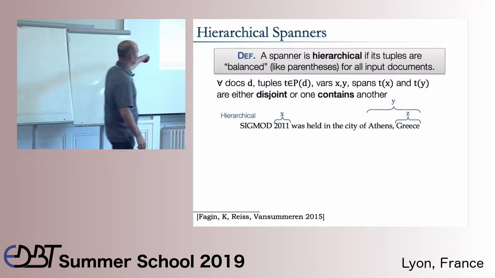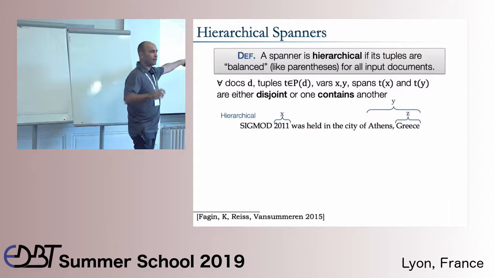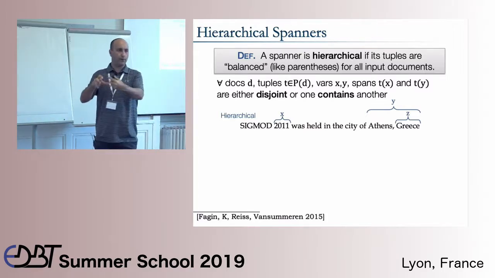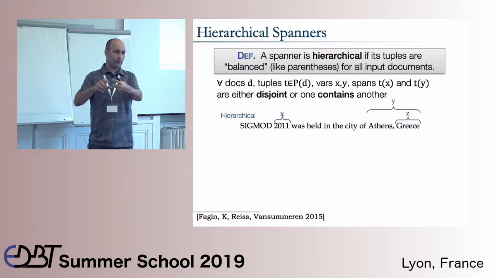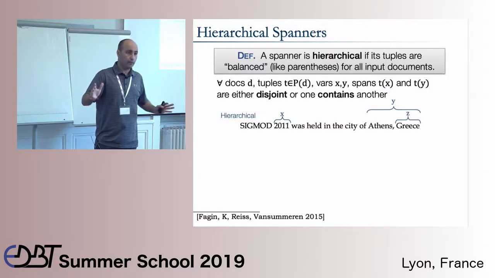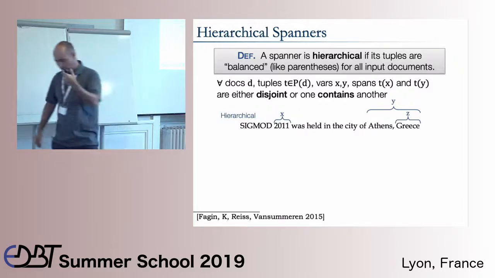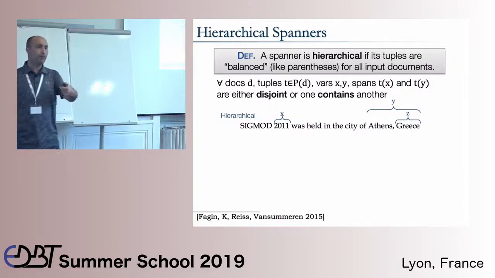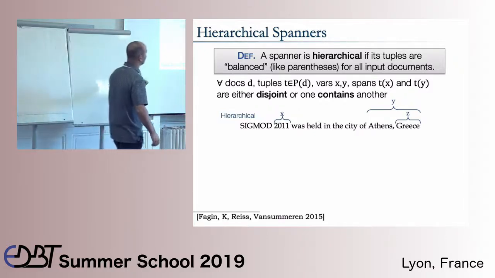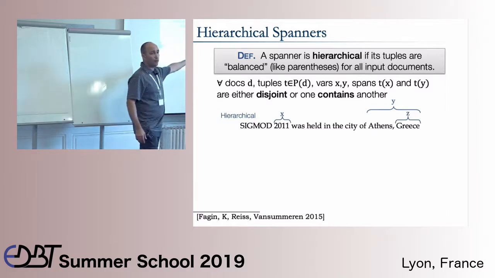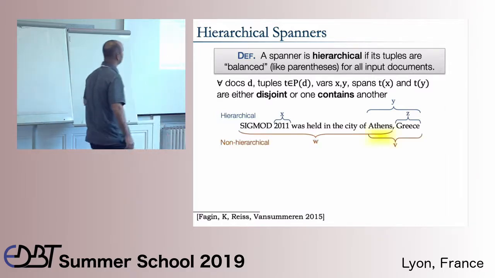Whenever you extract something from text, for every two variables, their spans are either disjoint or one contains the other in every tuple. Across different tuples that can be different, but on every specific tuple, you have this property. And regex formulas can only create these kinds of hierarchical extractions.